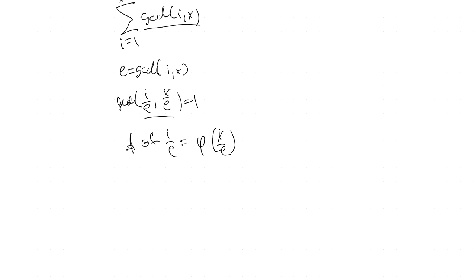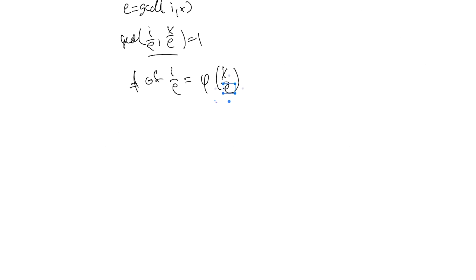And so we're going to quickly put that back into the summation. Notice that this e does have to divide x. So we're going to change it into this summation notation, which means we're summing over all the factors of x. For all e that divides x, add them to the sum.